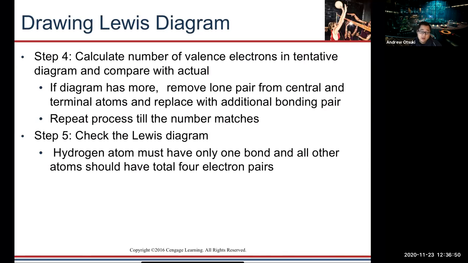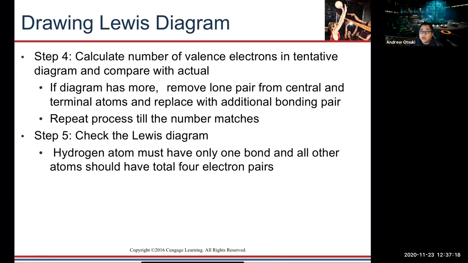You will calculate that number. Then you will look at the actual chemical formula and calculate how many valence electrons there actually are, and you will compare the two. And then you're going to say, do we subtract electrons from bonds, sorry, not electrons from bonds, and make them lone pairs, or make lone pairs into bonds. But we'll talk about that.